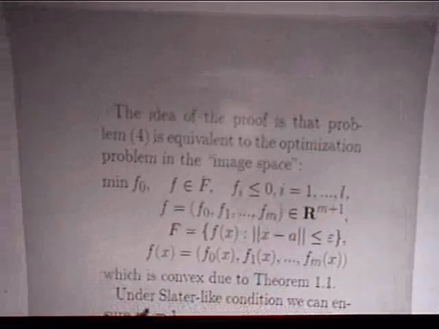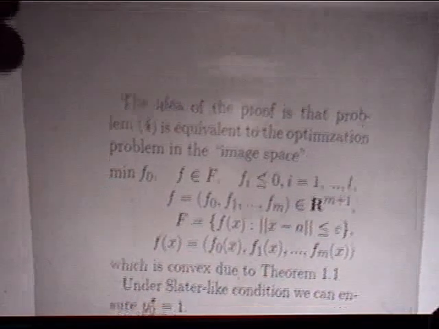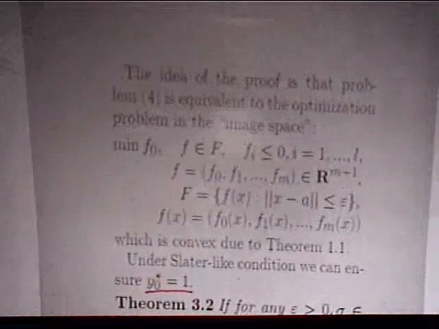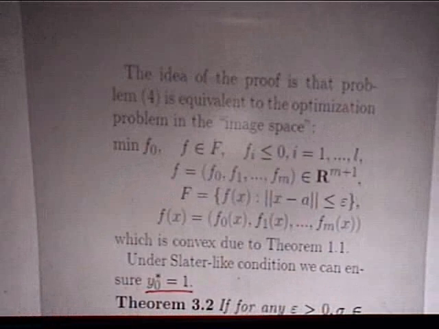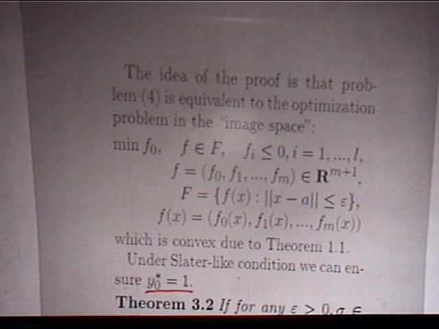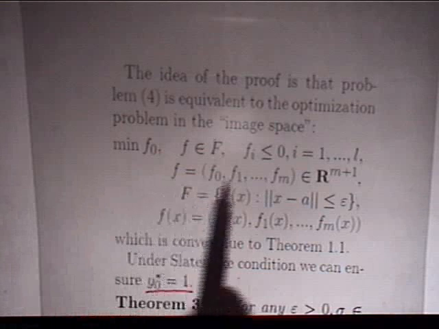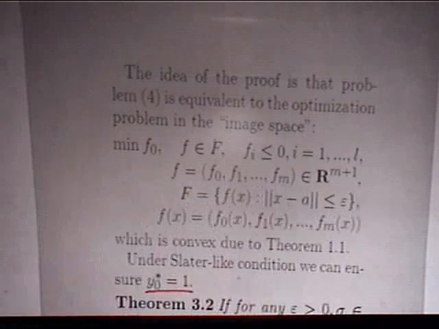And so under some regularity conditions, a so-called Slater-like condition, we can prove that the result is true with this extension. And again, how is the result proved? How can we apply the theorem? First of all, we take this set F, which is the image of our ball.